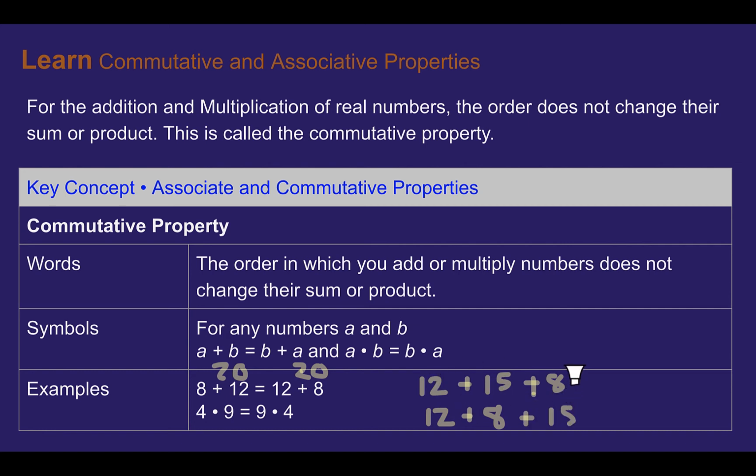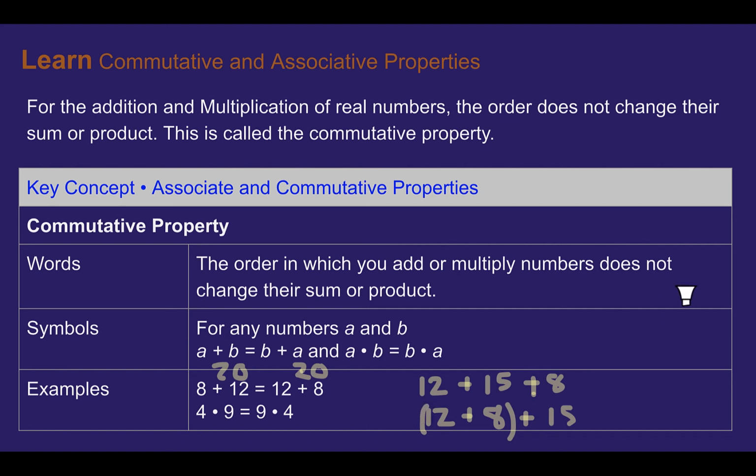They're in a different order, so the order that I add them doesn't matter. Now I can think back to the associative. I can add these two first and get 20, and then 20 plus 15 is 35. So rearranging things first can help us to put easier numbers together, which is the advantage of the commutative property.